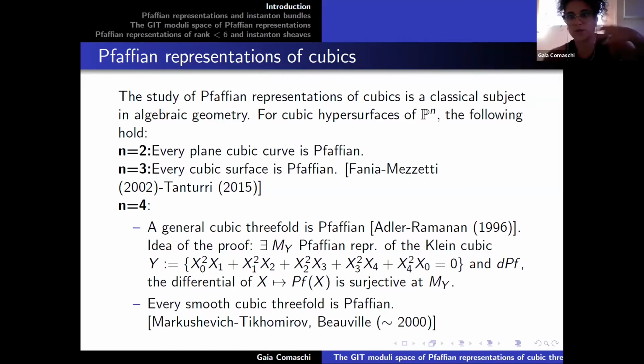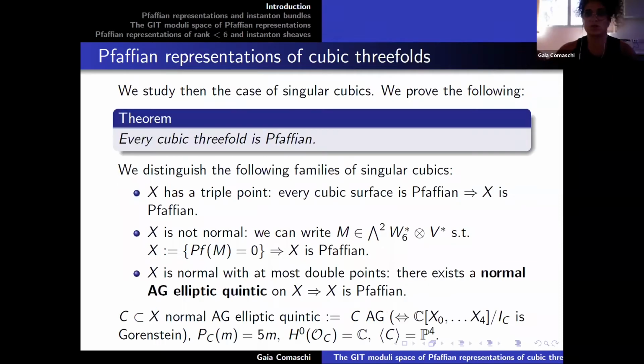So let's try to see what happens if we consider singular cubics. If we move to singular cubics, then we can prove, this was one of the main subjects of my PhD thesis, that every cubic threefold admits Pfaffian representation.